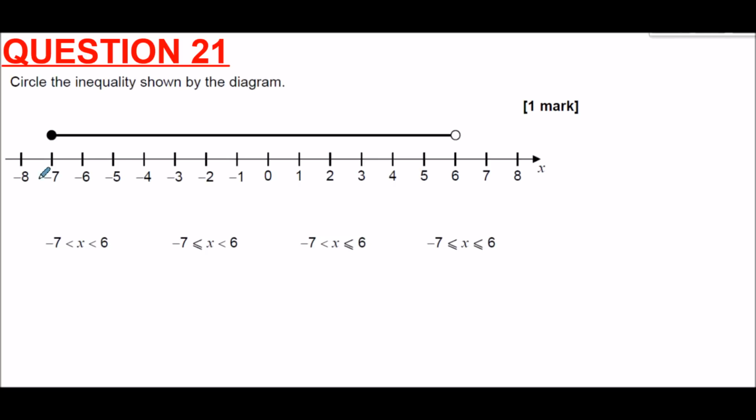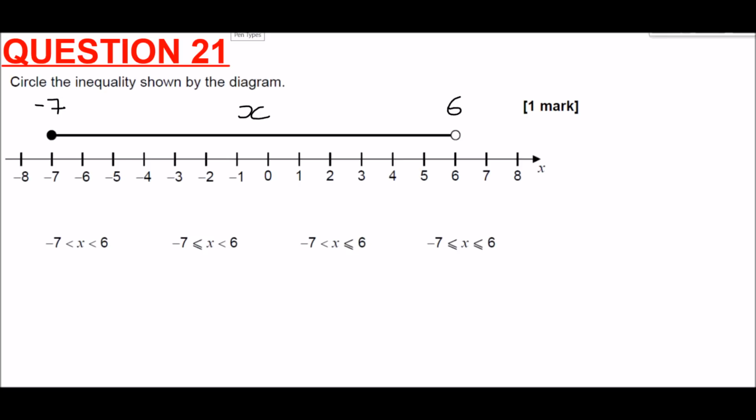And so what we do is put a note of what numbers these circles are above. So -7 and 6. So this means that x is somewhere between these two. So that doesn't help because -7 and 6 are in all of the possible options.